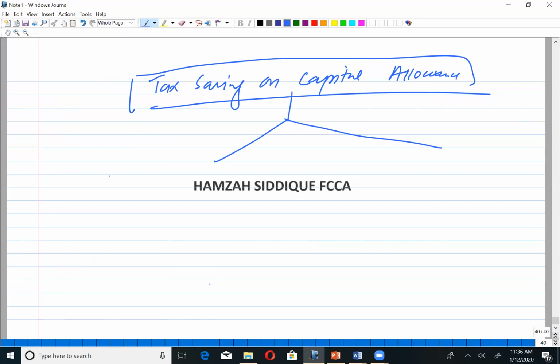One, calculate capital allowance for each year.